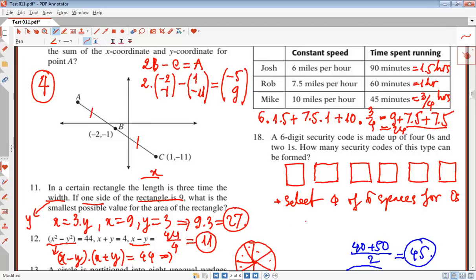There are, not 7, which is 6, it is 6 choose 4 ways for the first step, and 4 choose 4.